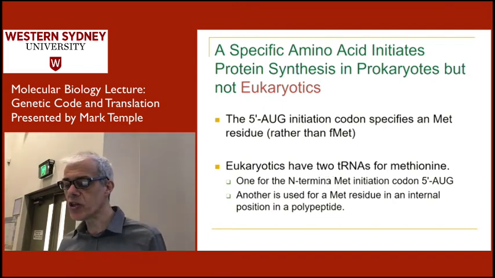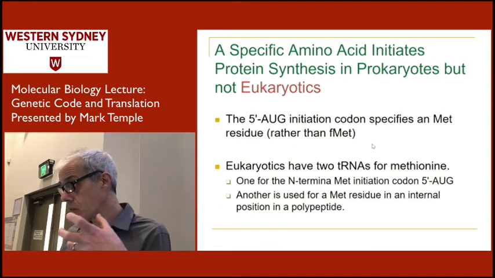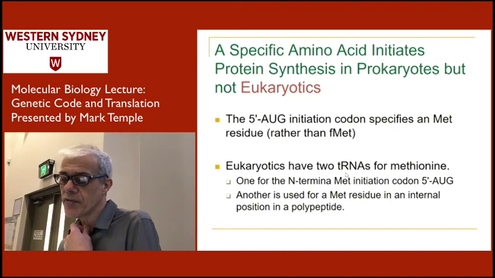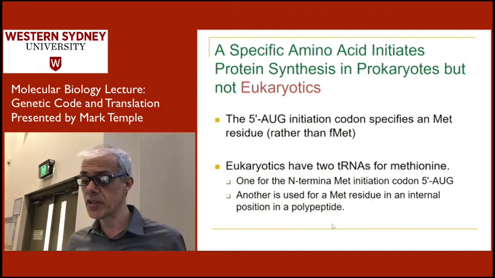But in eukaryotes we have a distinct transfer RNA that starts the process, and there's another transfer RNA that brings in your bog standard methionine as a residue in a protein. So there are two transfer RNAs. One is involved in bringing in the initiator methionine, and the other is used for internal methionines within a sequence.